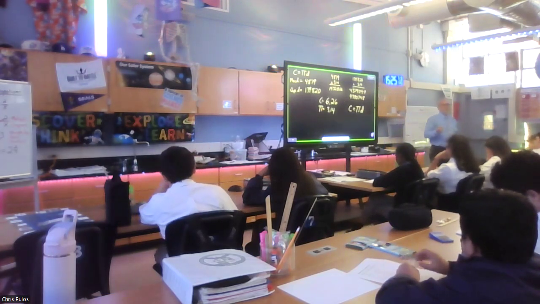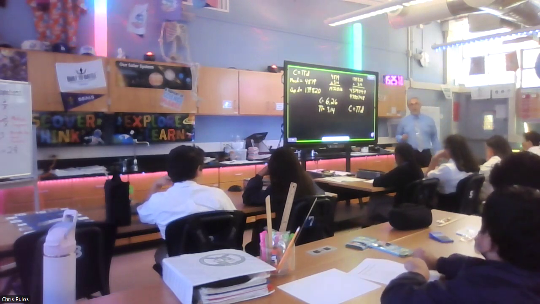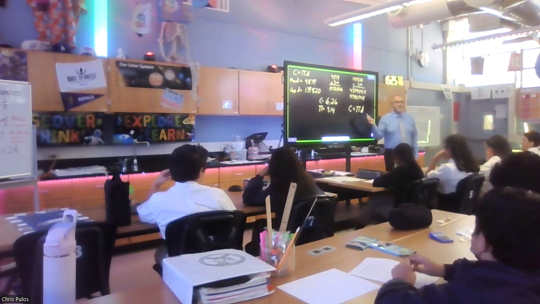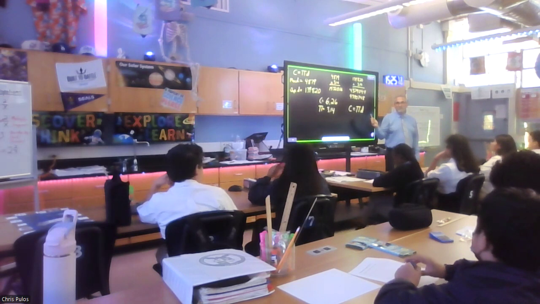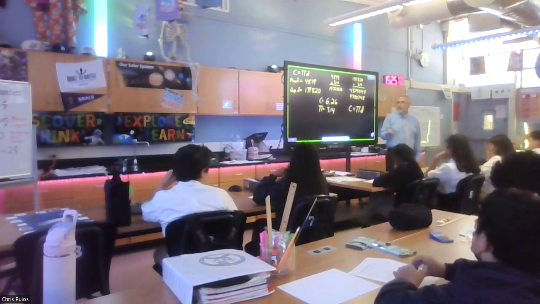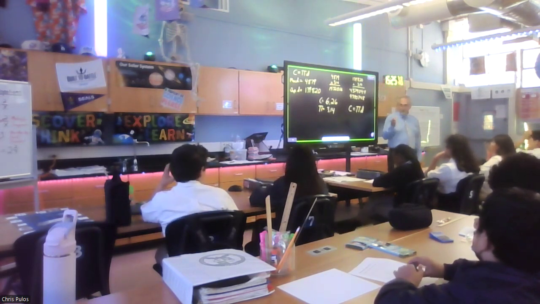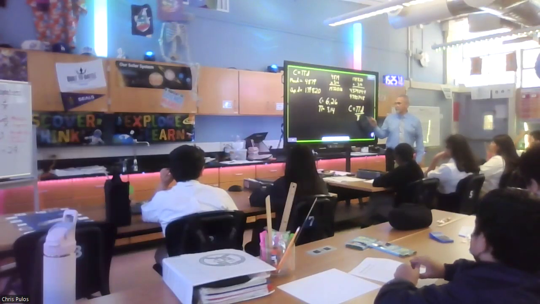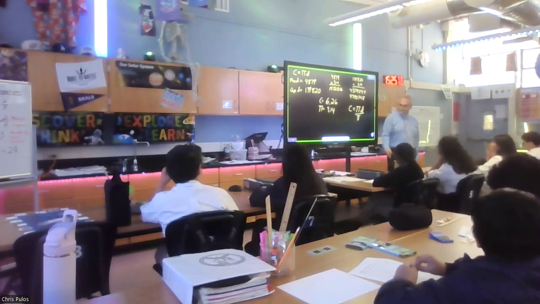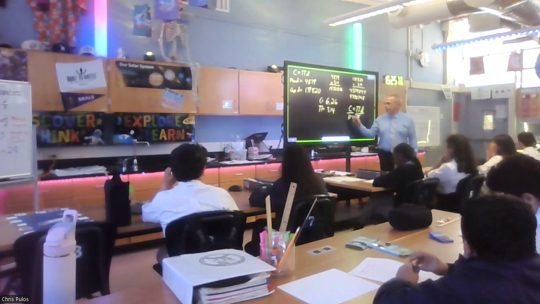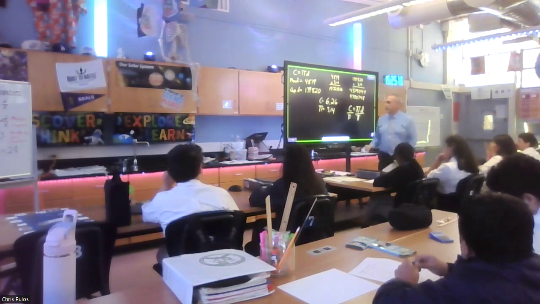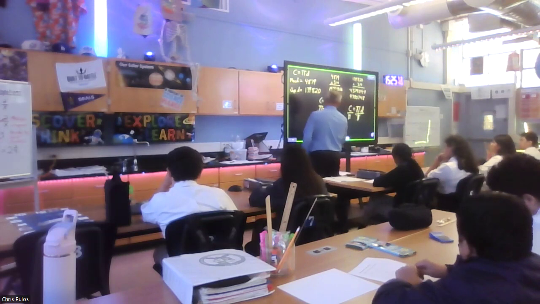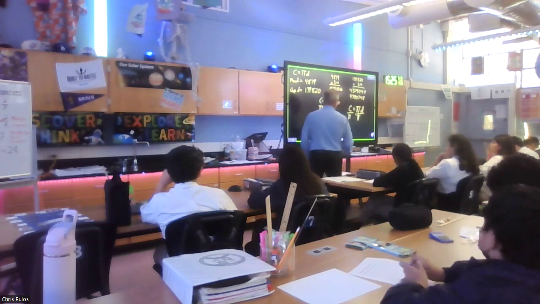We have the circumference, so we're going to use that algebra trick. What is happening to the D here? Class, what's happening to the D? What's the opposite of multiplication? Division. So I'm going to divide by pi. Anything I do to one side, you do to the other. Divide by pi. This cancels out. So now we have the formula: circumference divided by pi equals diameter.